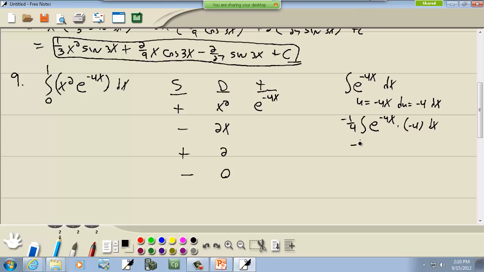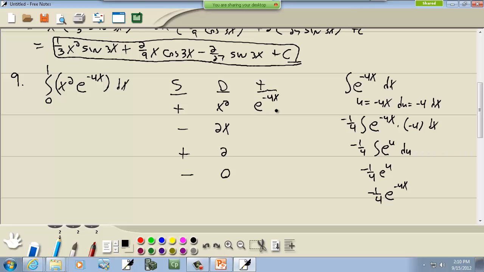Then this would become negative 1/4 e to the u du, which would give us negative 1/4 e to the u, and u was negative 4x. So that's the integral of that.